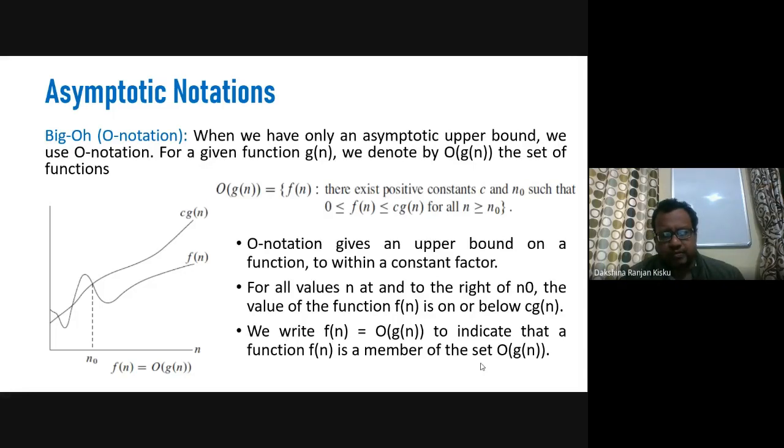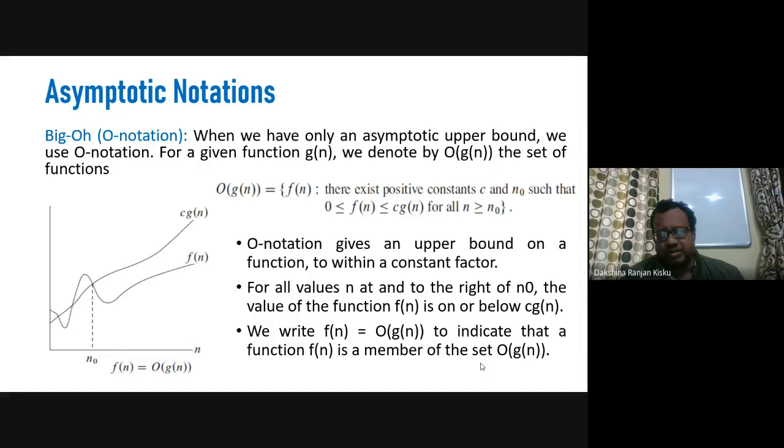How do we prove this? f(n) is given as 3n plus 2, and g(n) is given as n. These two functions are given, and we are saying that f(n) will be order of g(n). That means f(n) will be less than or equal to c·g(n) for all n greater than or equal to n0, with positive constants c and n0.